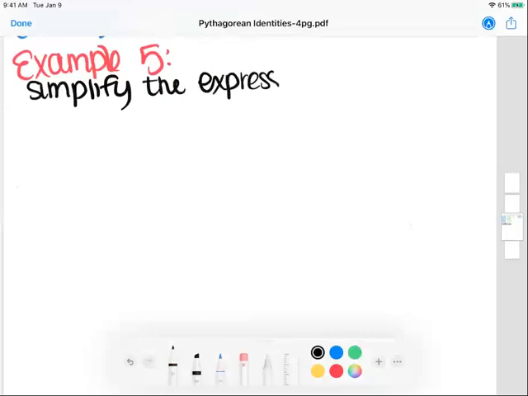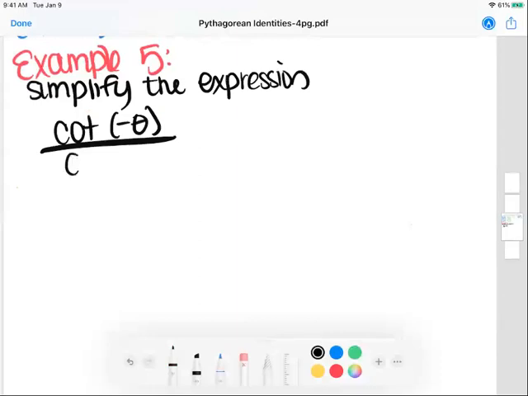But what we're going to try to simplify it to is one single trig expression. So I need to simplify it to be just one single sine, cosine, tangent, cotangent, cosecant, or secant. And the expression we need to simplify is cotangent of negative theta over cosecant of theta.